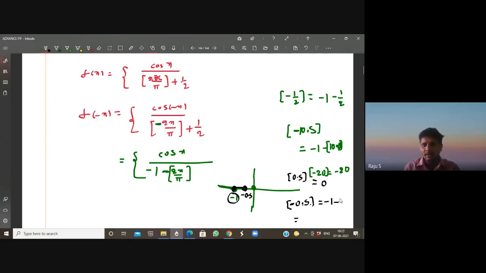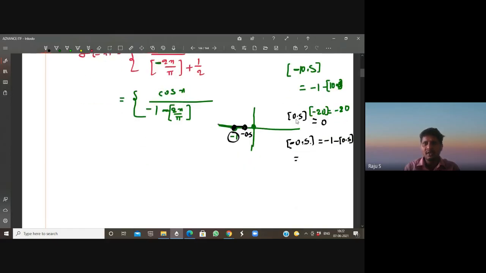Shall I write minus 1 minus the greatest integer of 0.5? You can take any negative value, minus any number.